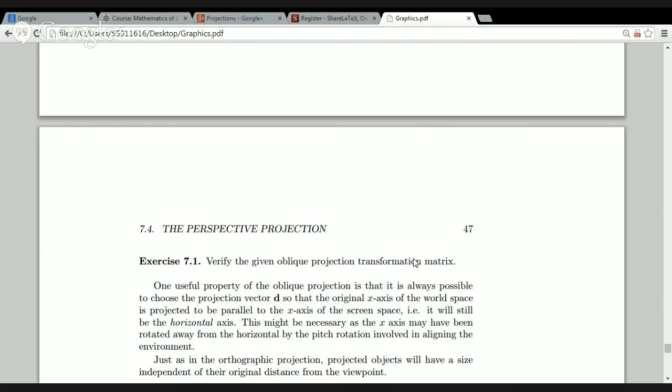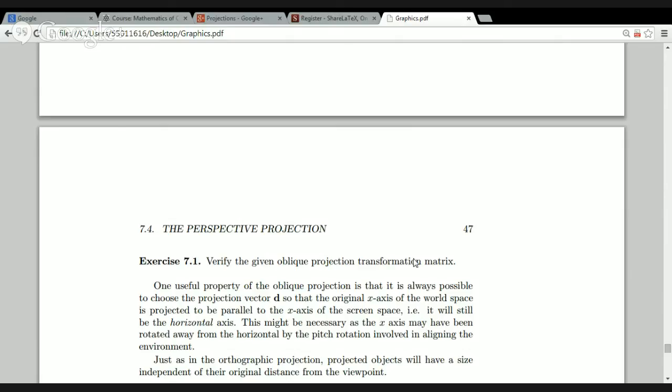Although things get tilted in the alignment transformations, you can undo that to some respect, and in the oblique projection of the environment, the horizontal x-axis will still be horizontal on the screen. Things will be distorted in other ways because of the obliqueness of the projection. But if you wanted to get the horizontal direction onto the horizontal direction of the screen, that can be achieved using an oblique projection.